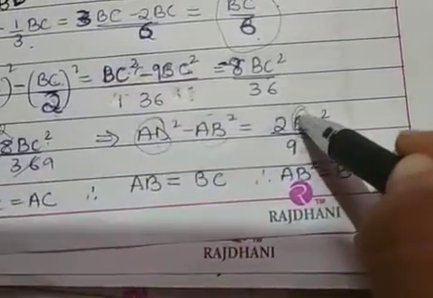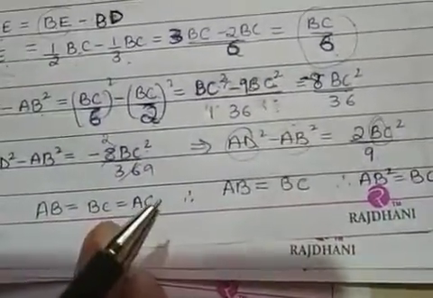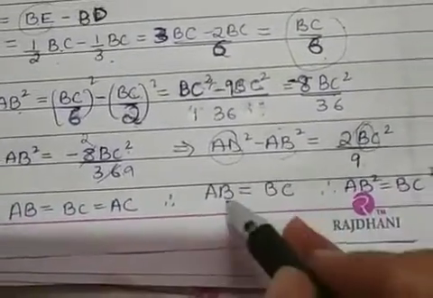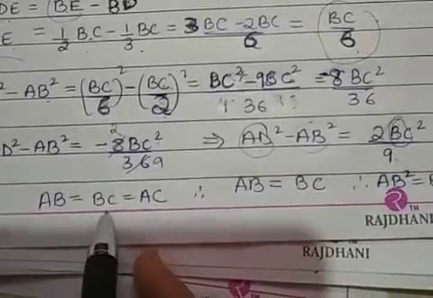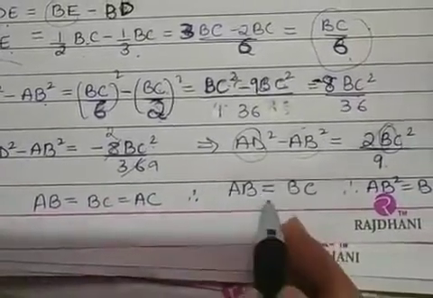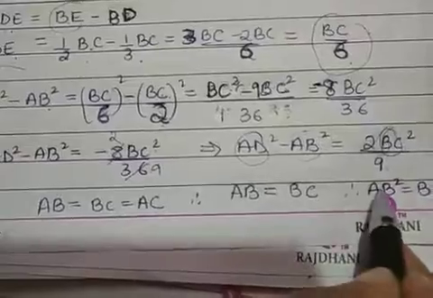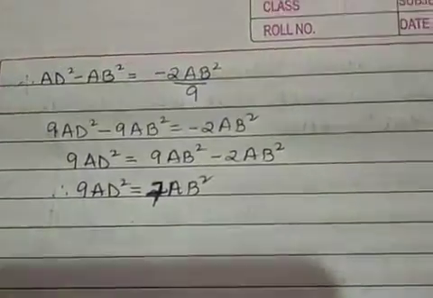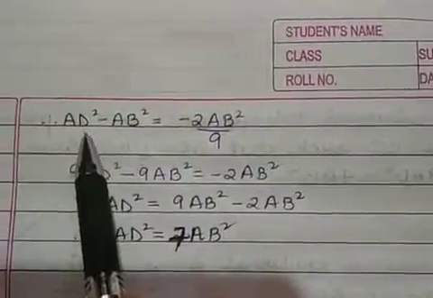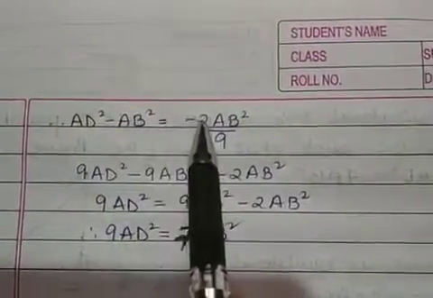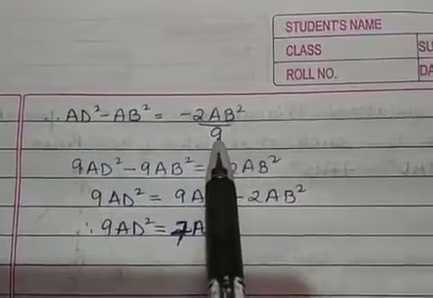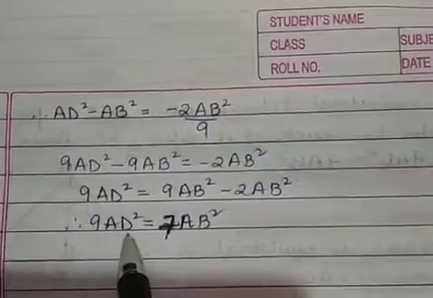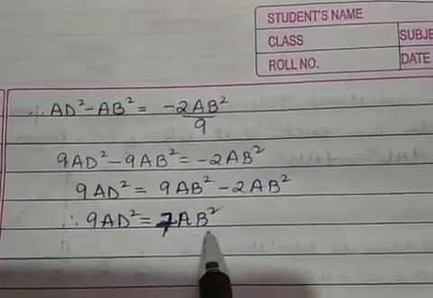Since all the sides are equal, AB is equal to BC equal to AC, so AB square will be equal to BC square, and we can substitute that. On substituting, we get AD square minus AB square equal to minus 2AB square upon 9. On simplifying all this, we get 9AD square equal to 7AB square, which we had to prove.